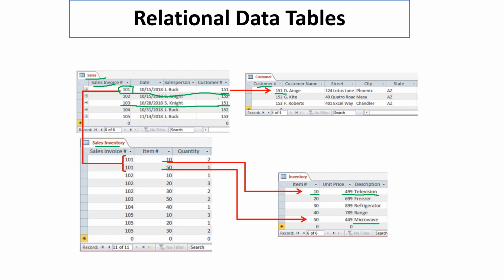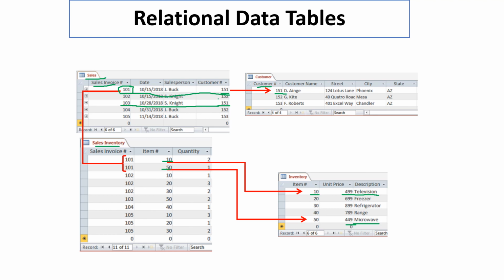Okay, so to read this table again, to connect it, or to generate a combined table, you will say that Angel bought, in invoice 101, a TV and a microwave, with the price of 499 and 499 also, two televisions and one microwave.